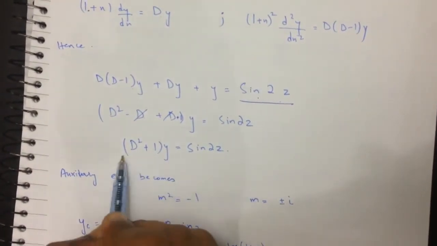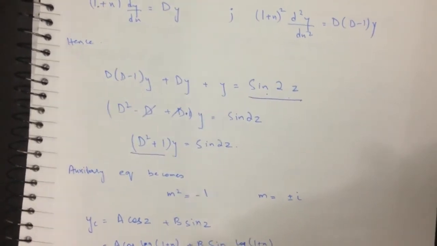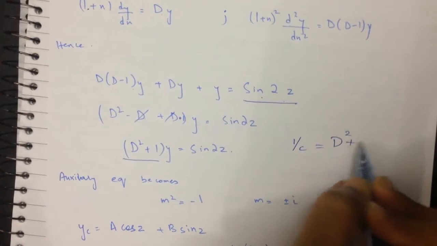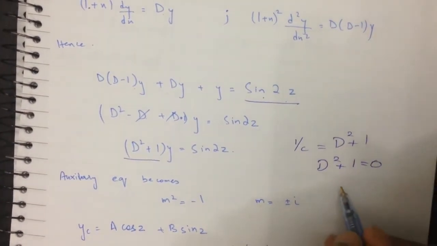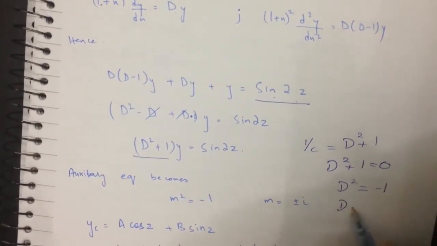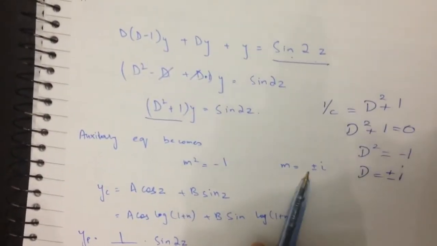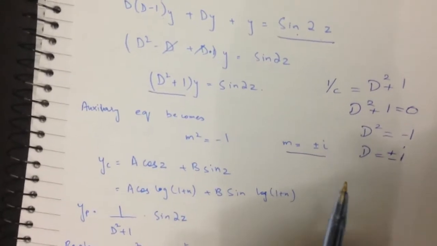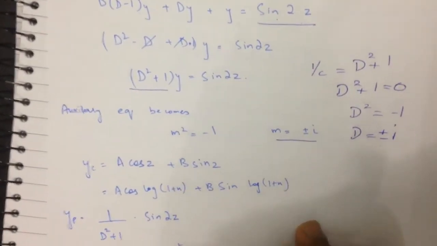Now we solve for D^2 + 1 to calculate our yc. To calculate yc, we set D^2 + 1 equal to 0. Then D^2 equals minus 1, and our roots turn out to be plus minus i. This plus minus i has a certain form for how we write yc.